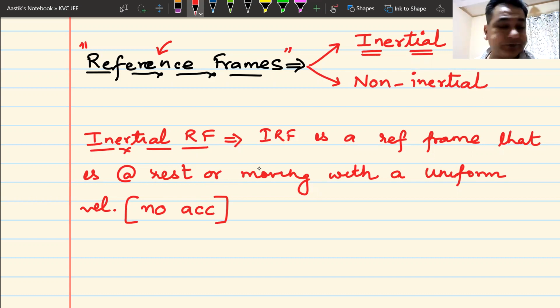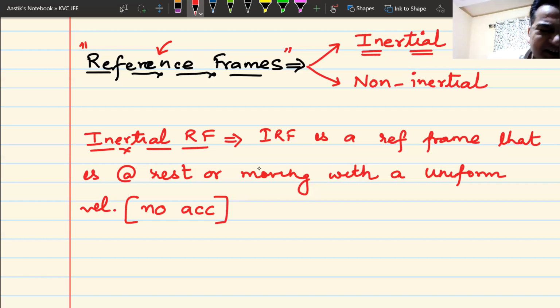But remember that rest and motion are relative terms. When I say inertial reference frame, it should be at rest or moving with uniform velocity. But when I am seeing this inertial frame, it would be seen from some other frame, because rest and motion are relative terms.